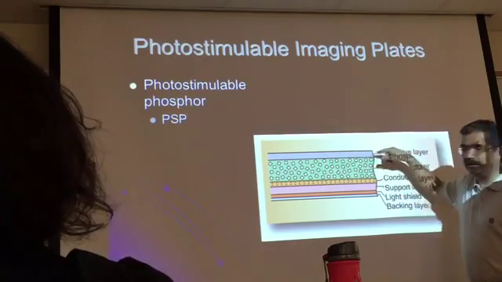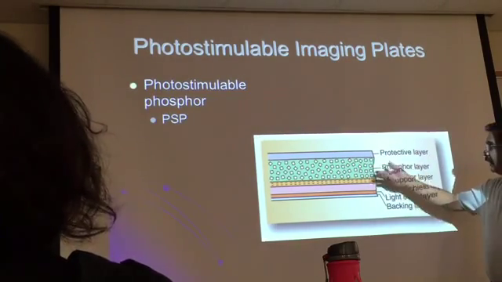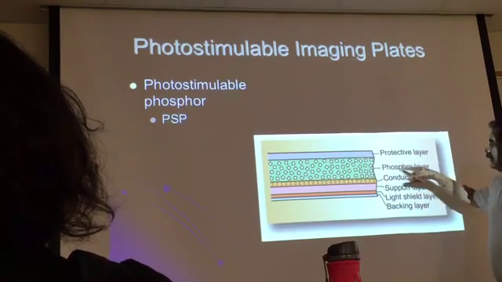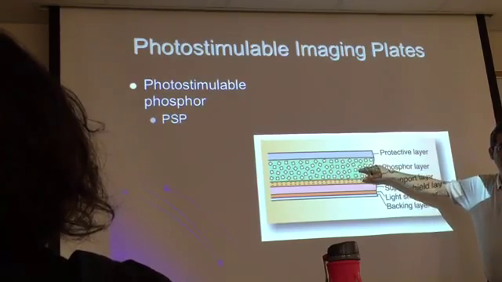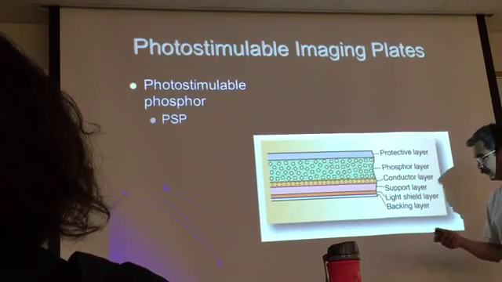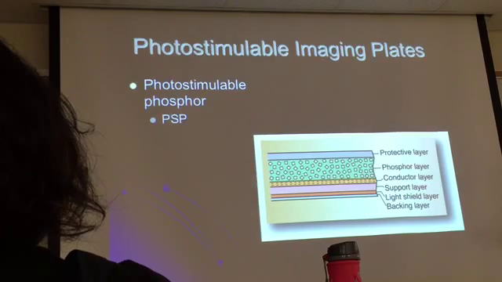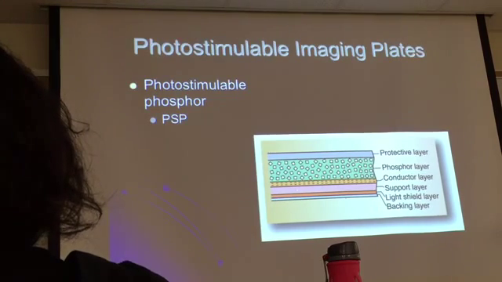So you have a protective layer, because otherwise the active phosphors are going to be removed. You have a phosphor layer here, and then here you're going to have a conductor layer. And this is something new. We didn't have this before. And then you have some kind of support layers, some kind of plastic, some kind of polyester, and other layers here, backing layer, light shielding layer.